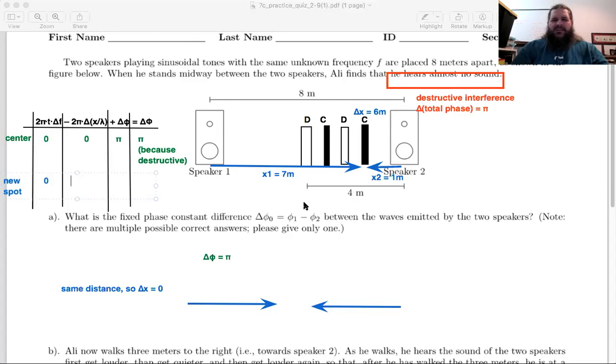But there is now going to be a delta X term. There's a difference in position of 6 meters because one of the waves is traveling 6 meters further than the other. So we're going to have negative 2 pi times delta X, which is 6 meters. And do we know the wavelength here?